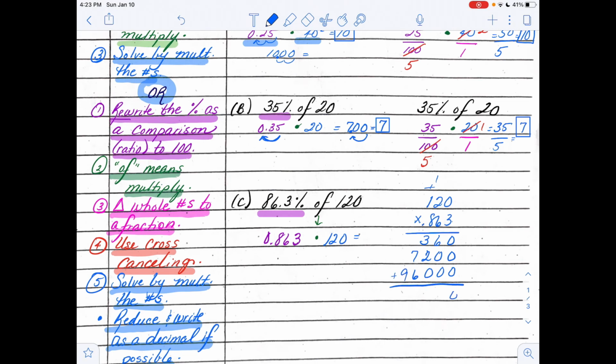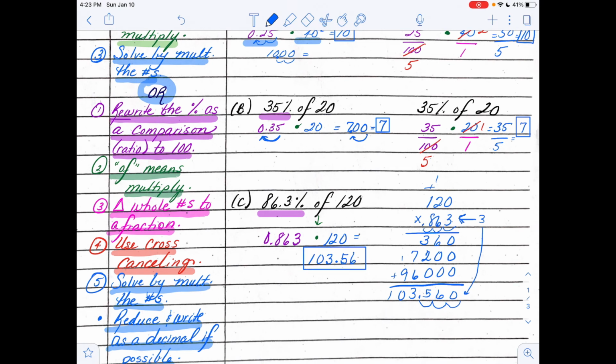And now when I add them all up, you should get 103,560. But again, if there's a decimal, how many places to get to that decimal? 1, 2, 3. Which means in your answer, go over 3. 1, 2, 3. And that gives you the answer of 103.56.